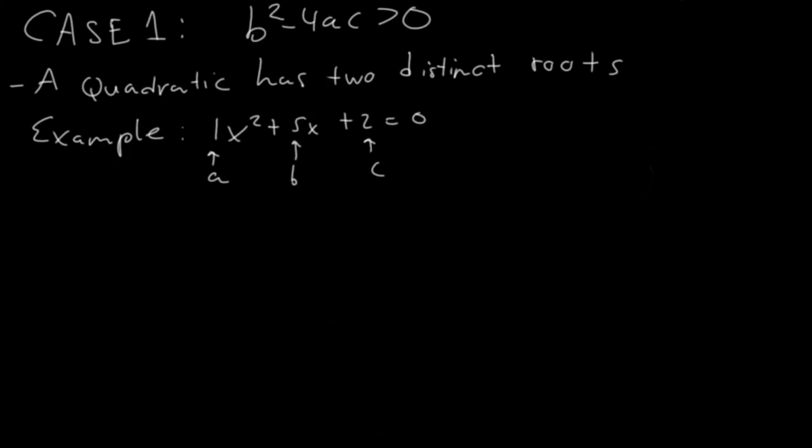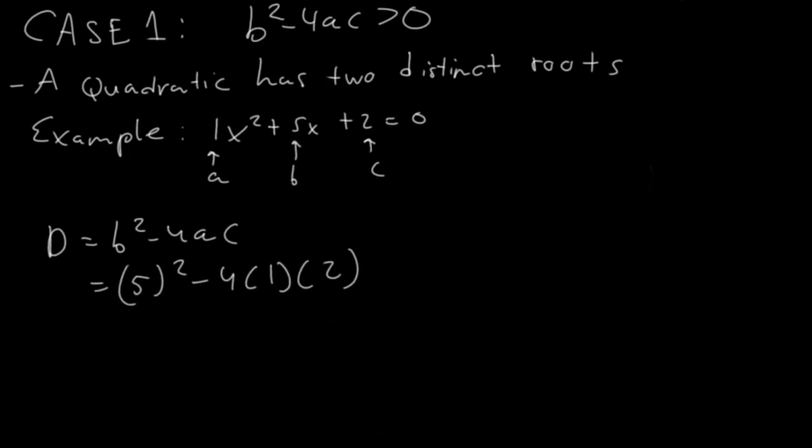So now let's plug it into our discriminant. Remember your discriminant is equal to b squared minus 4ac. So what's my b? 5 squared minus 4 times 1 times 2. This is just 25 minus 4 times 1 times 2, which is minus 8. In this case, it's 17.